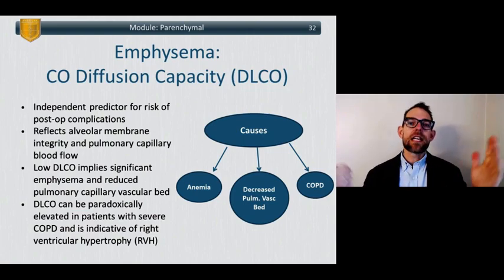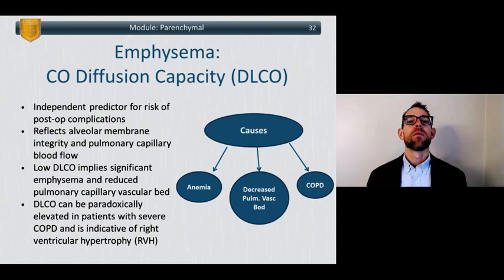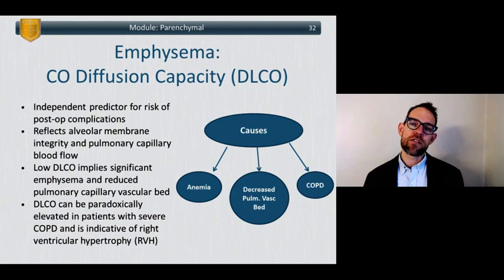So that RV keeps pushing against those tightened pulmonary arteries, gets larger, you get right ventricular hypertrophy to force that blood through there. That actually elevates DLCO. But again, what that is a marker of is significantly affected cardiovascular remodeling due to elevated CO2 retention.